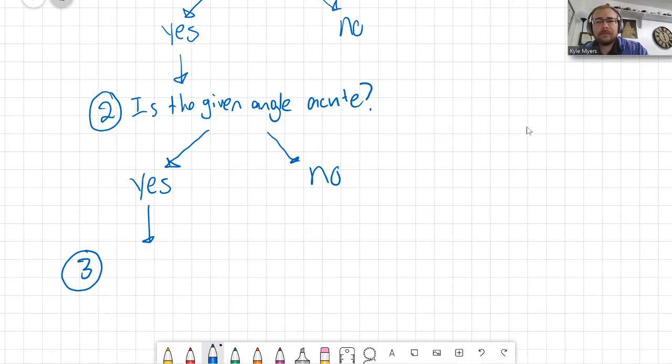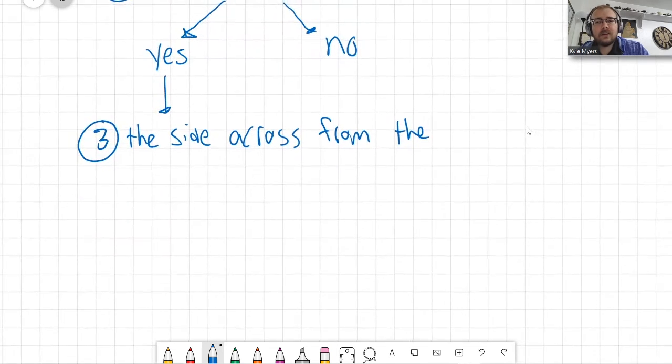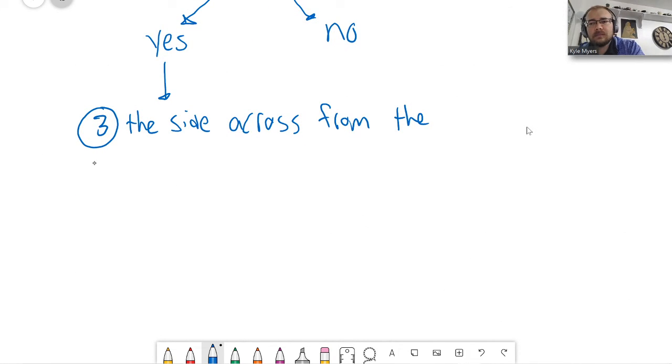We need the side across from the angle has to be, or I guess I should word this as a question.